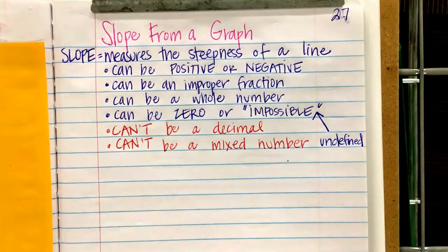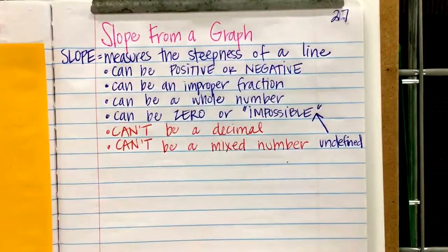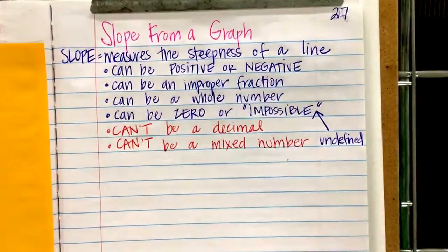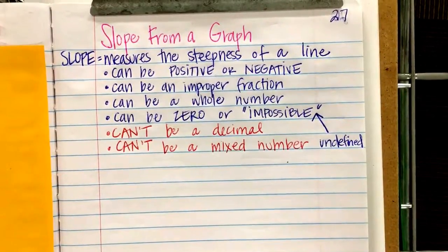But then you can get into specifics, right? So the generic stuff is that positive, negative, zero, or undefined. That's generic. Then I can actually calculate slope.